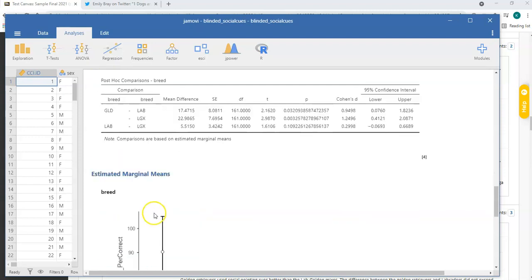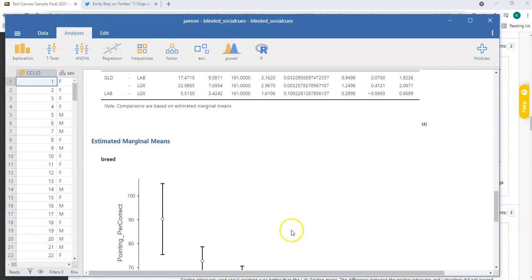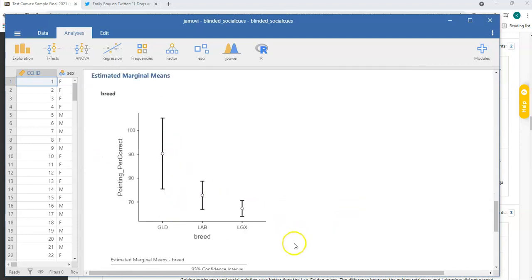Which breed is better? Well, we'll need these details up here, but we can also come down here and look. So it looks like the goldens have a lot of variability here, but it looks like the goldens did better than the other 2 groups. But now we've got to see if the p-values are compelling or not.